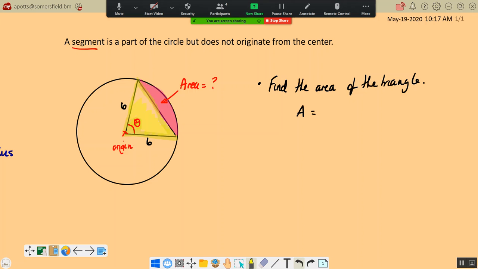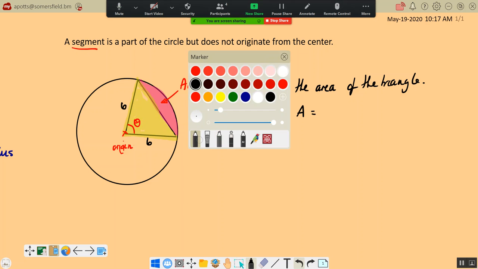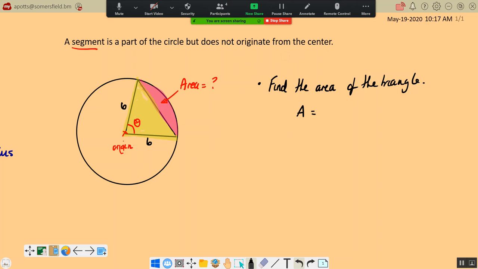How do you work out the area of a triangle when you know 2 sides and an angle? You told me at the beginning of the lesson that you understood it all. Not remember the half AB sine theta that you've been working on? Yeah? So that's what you've been using.